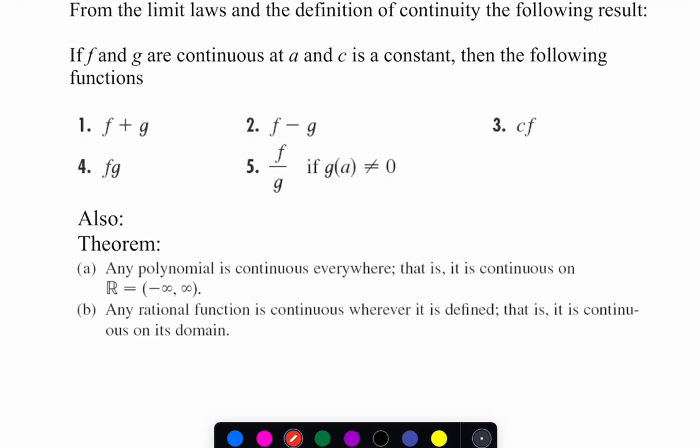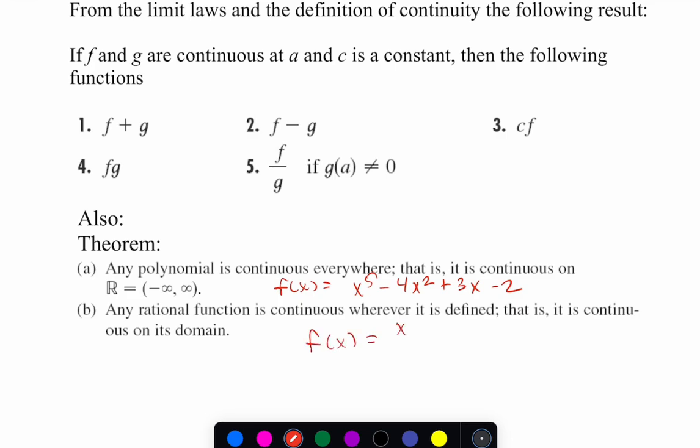So remember, a polynomial like x to the 5th minus 4x squared plus 3x minus 2, that's continuous everywhere. If you put it into Desmos, it's a perfect little curve. You never have to lift your pencil. Rational function.